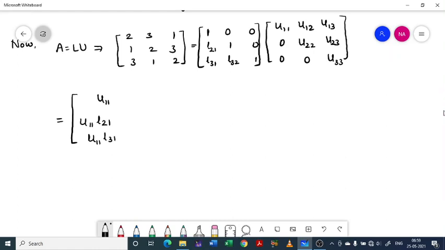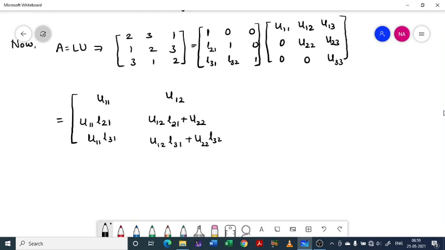Second column: U12, U12 L21 plus U22, U12 L31 plus U22 L32.